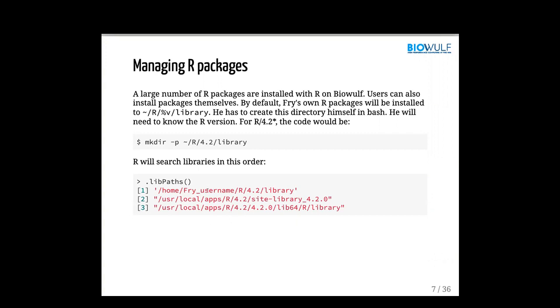R by default will search your own library first. If it finds, for example, ggplot there, it will use this version. And if it's not installed at this location, it will search the other two libraries and use the system version. So as a result, if you have ggplot2 installed both at home and in the system, your own version will always get used first.